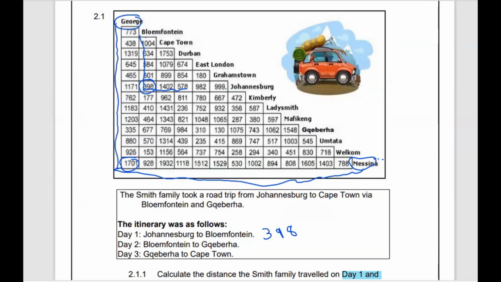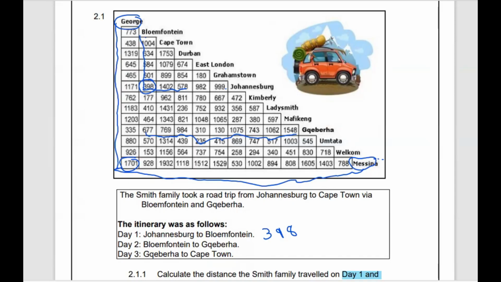Then we also go from Bloemfontein to Gqeberha. So where is our Gqeberha? This is our Gqeberha. Then we trace its line, up until we reach Bloemfontein, and it gives us 677.